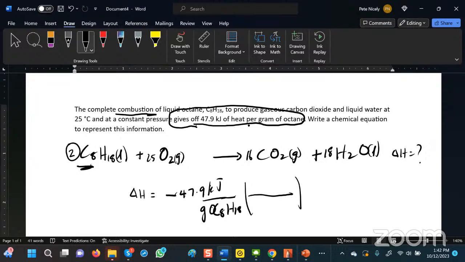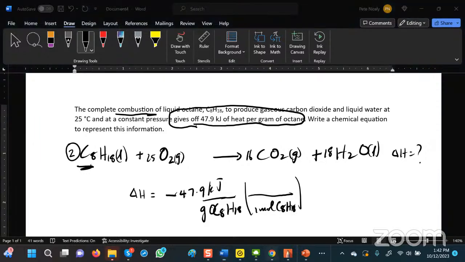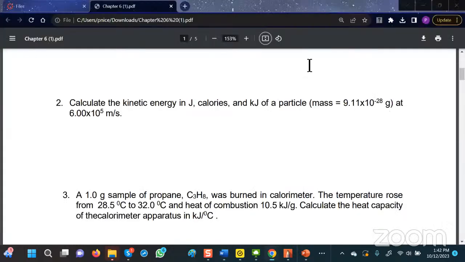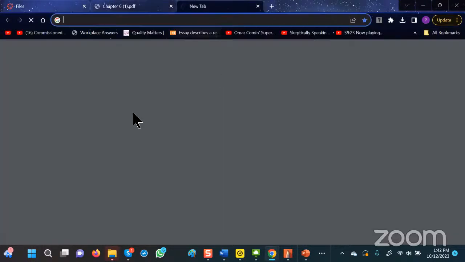We need the molar mass of octane. So 1 mole of octane will go down here. And again, I'm going to cheat a bit. I'm going to use the molar mass calculator.